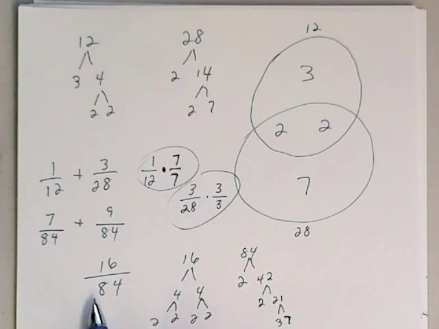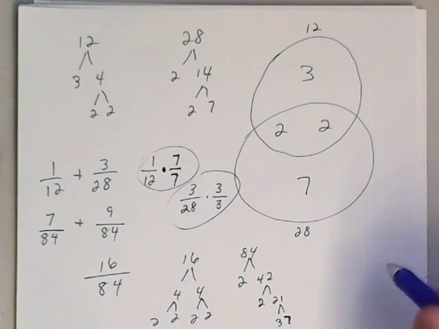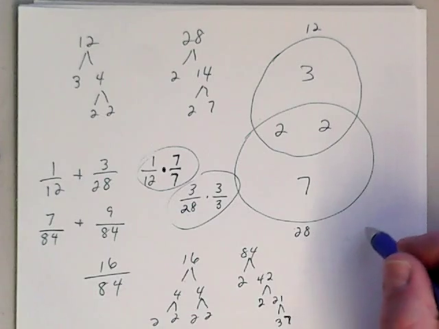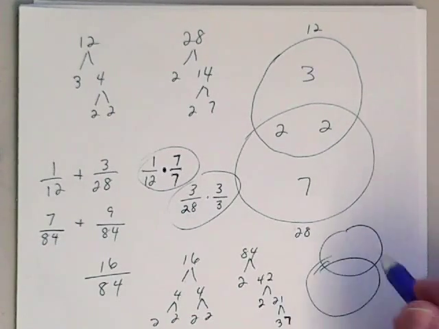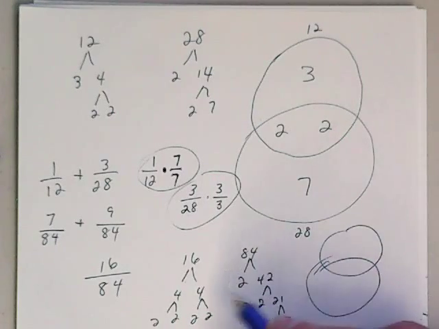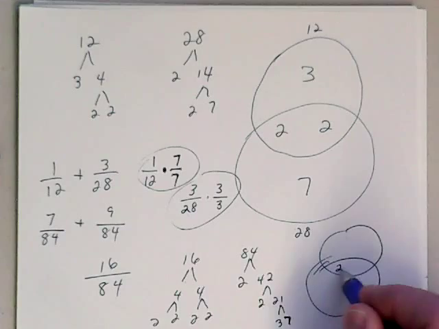Well, when you simplify fractions, I could do this organization again, and then I could make a circle. I'm going to probably run out of space here. But I could put all the prime factors of 84 and 16 together. Well, the common ones, I've got a 2, and so there's two 2's.